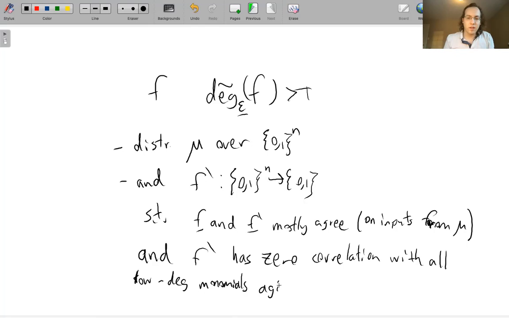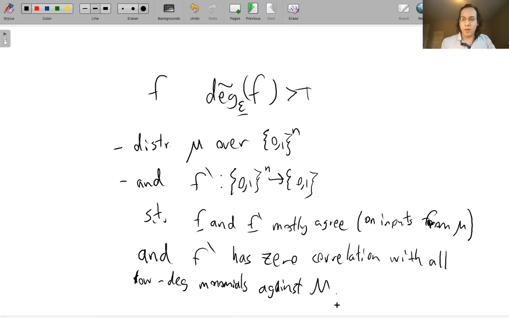against mu. So basically, if you take any monomial of degree at most t and look at its correlation with f prime, you sample from mu and check if f prime and the monomial agree on the input or not, they'll agree half the time and disagree half the time.